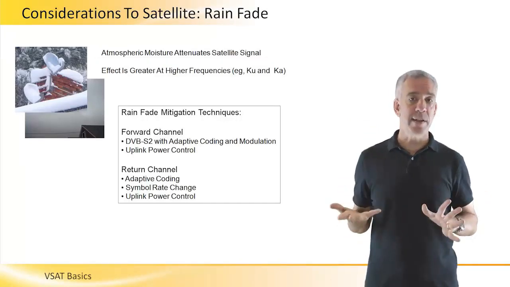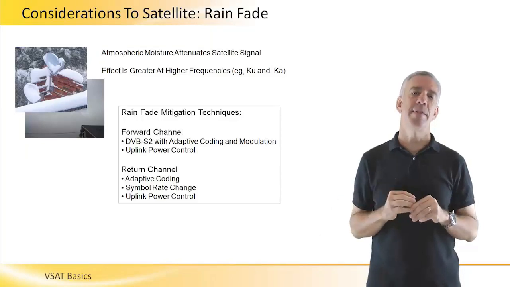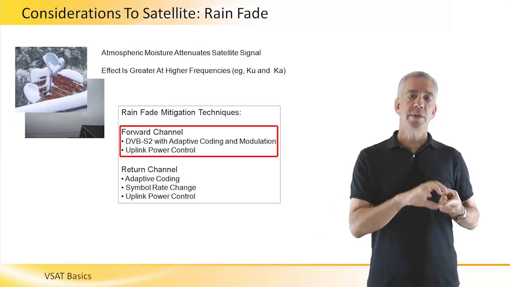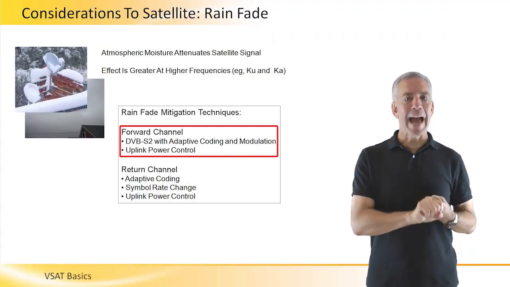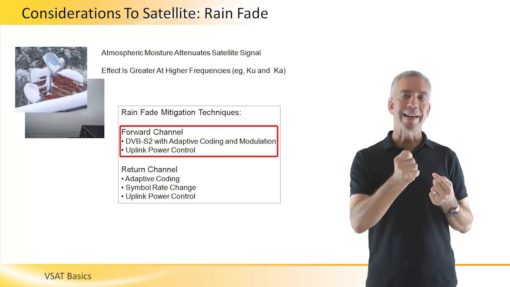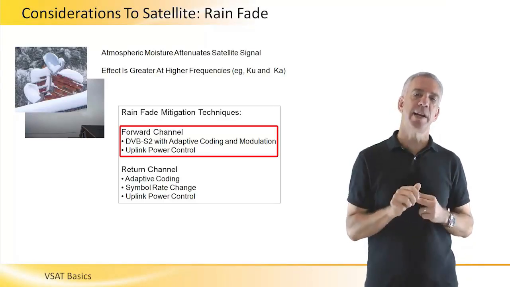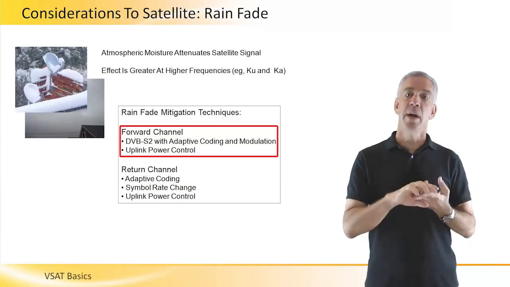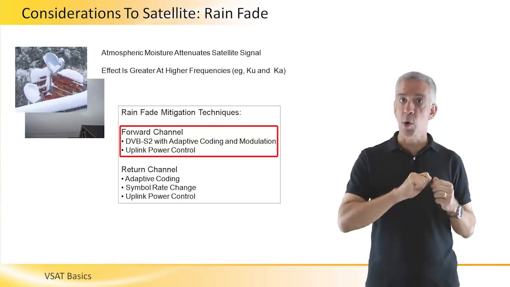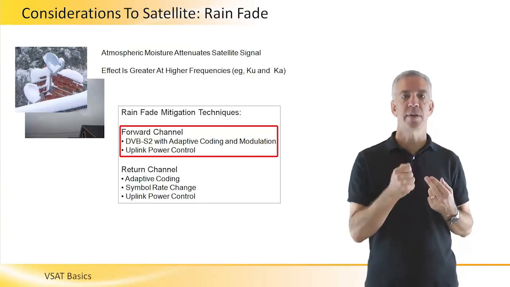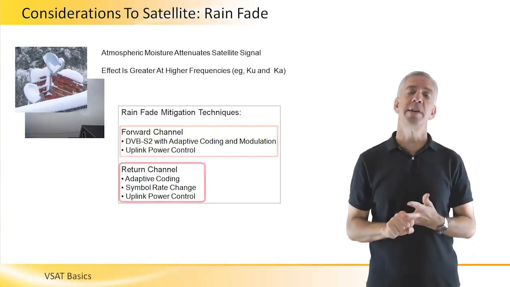There are many things that we can do to mitigate the effect of rain fade. On the forward channel, we use DVB-S2 with adaptive coding and modulation. What that means is we can dynamically change the coding, the forward error correction, as well as the modulation scheme in order to get better gain out of that signal. We can do similar things on the return channel.